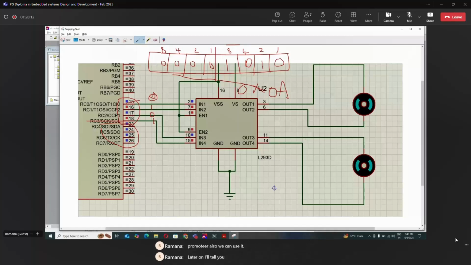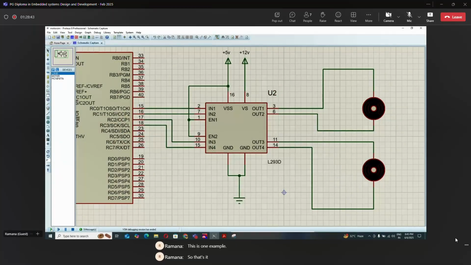Multiple drivers are there, even for LCD displays, not for 7 segment, others. So high power rating loads we use with drivers. Some outputs without a driver we can use. By using the drivers only we can control it. Okay. This is one example.